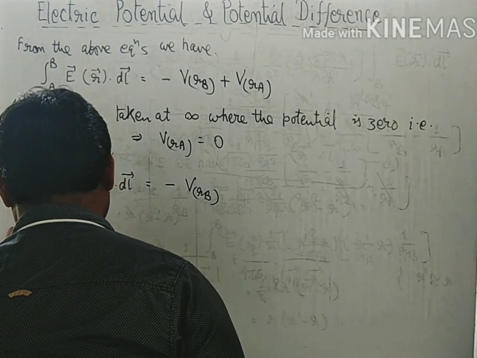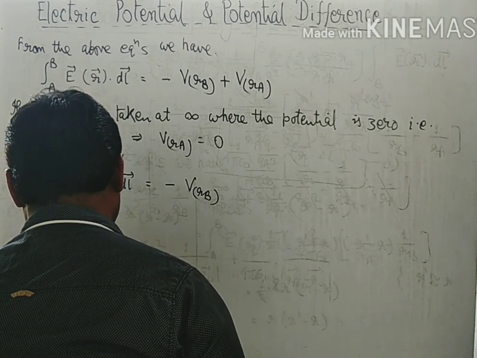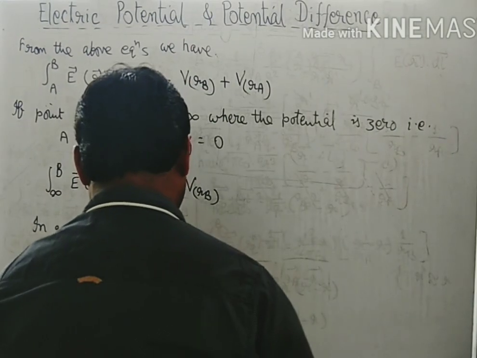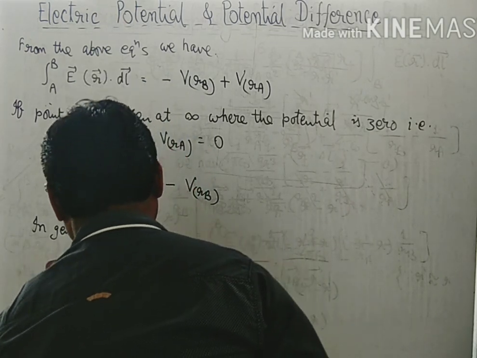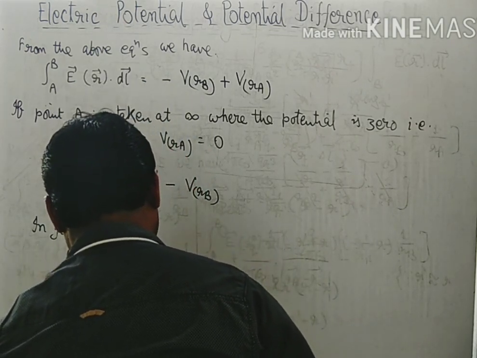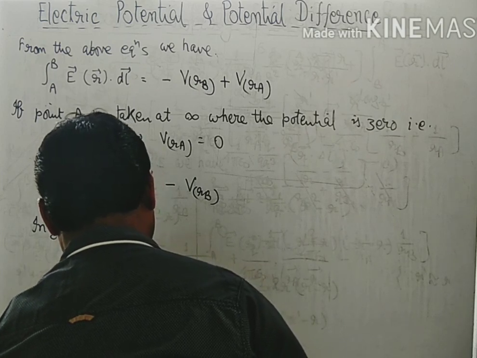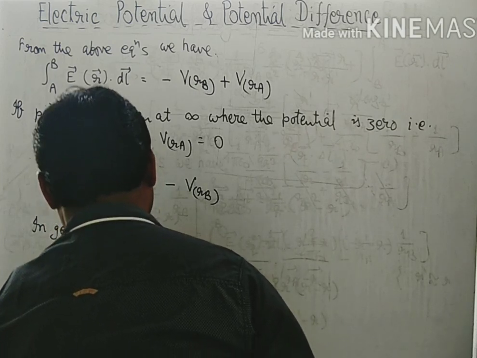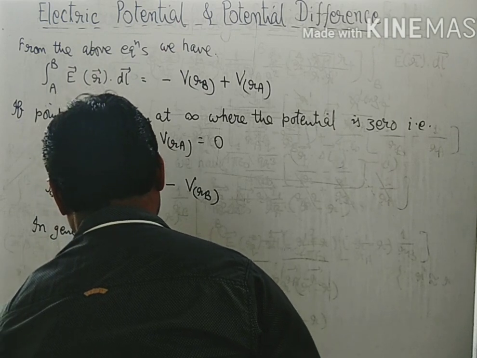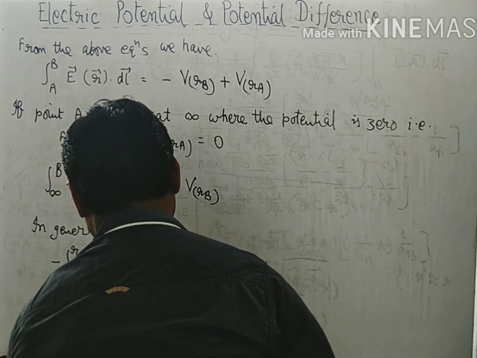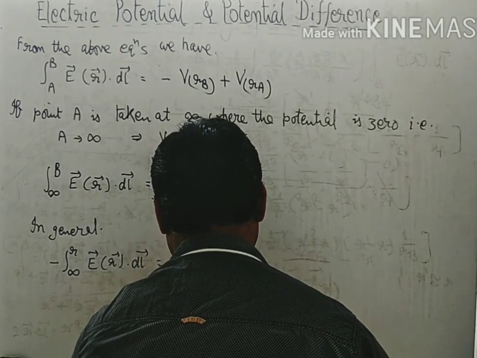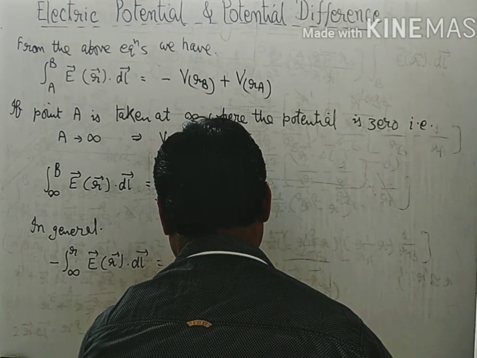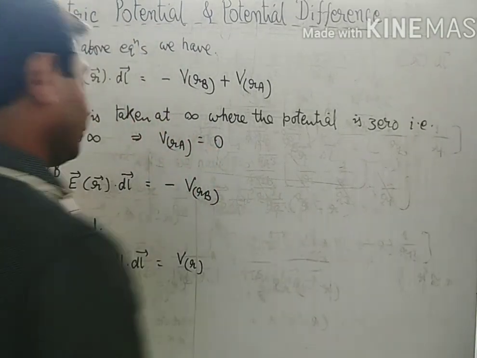So in general, what can we write? In general, this is the integral from infinity to r with a negative sign of E as a function of r dot dl, which is equal to the potential at r simply.